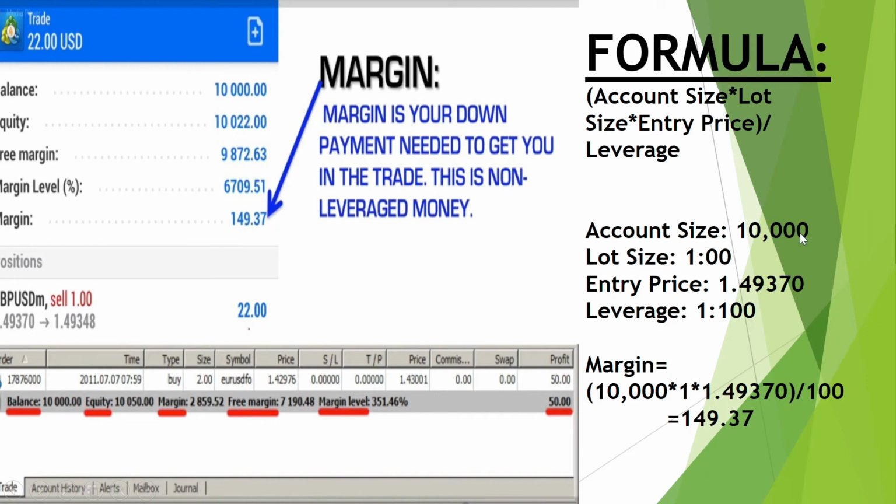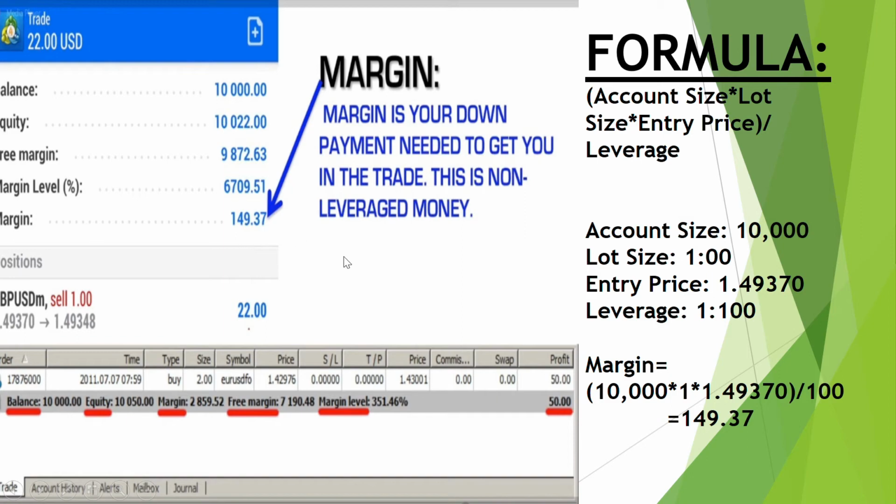So account size is 10,000, lot size is 1,000, entry price is 1.49370, leverage is 1:100. So after doing the times, then divide by 100, we arrive at 149.37.